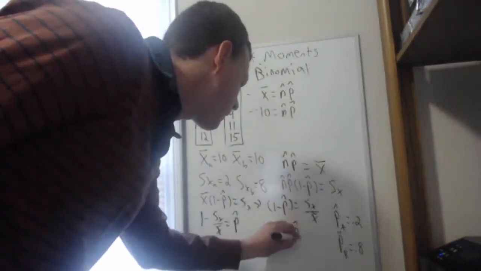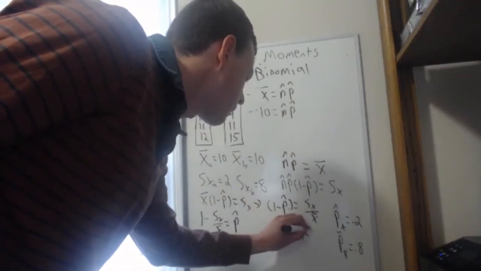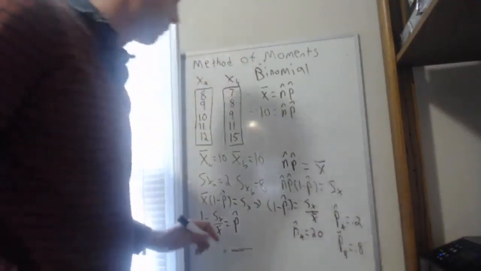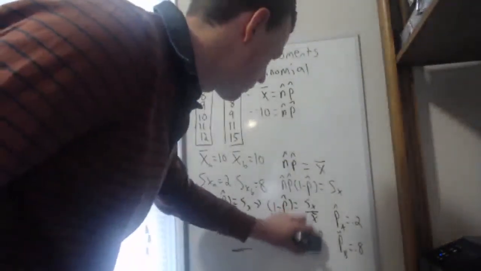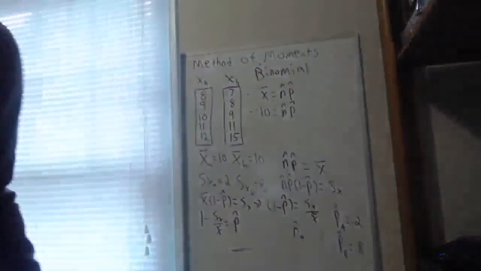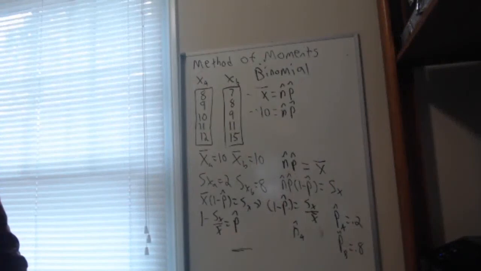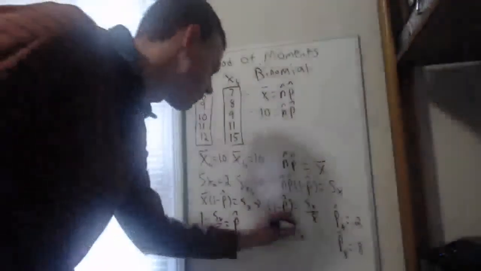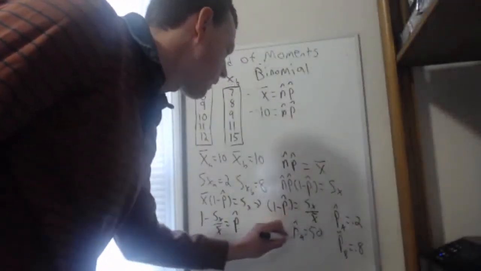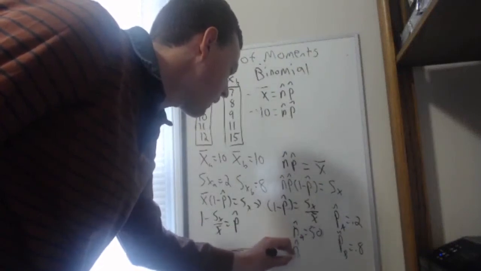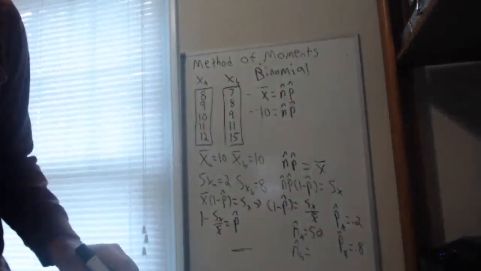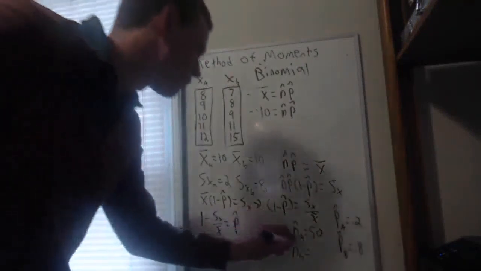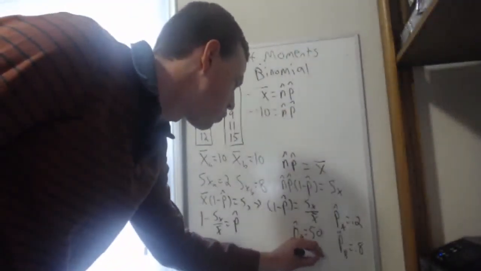So n hat A is going to be 20. No, sorry, 50. 10 divided by 0.2, yeah, it's going to be 50. And in our second sample, n hat B, we are going to have 12.5.